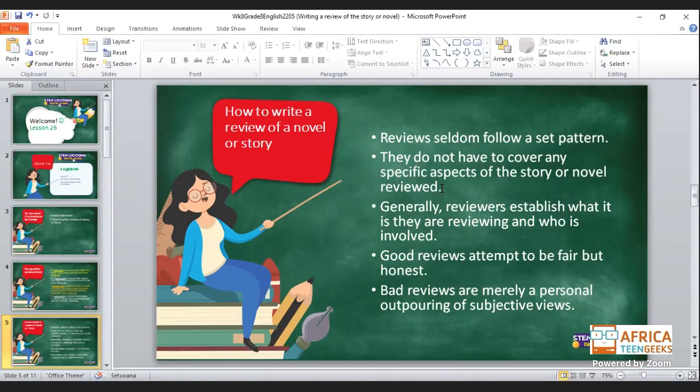And there is no novel or story which has no characters, or action, or dialogue, or background to a setting, or a message or a theme. Those are things which are contained in every story and in every novel. And it is for that reason that you do not have to cover specific aspects, but you really have to be more comprehensive and cover as much of them as you possibly can.